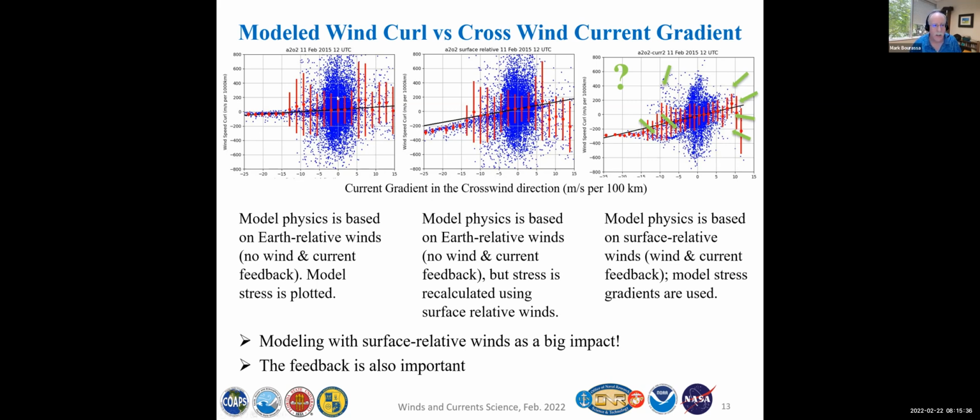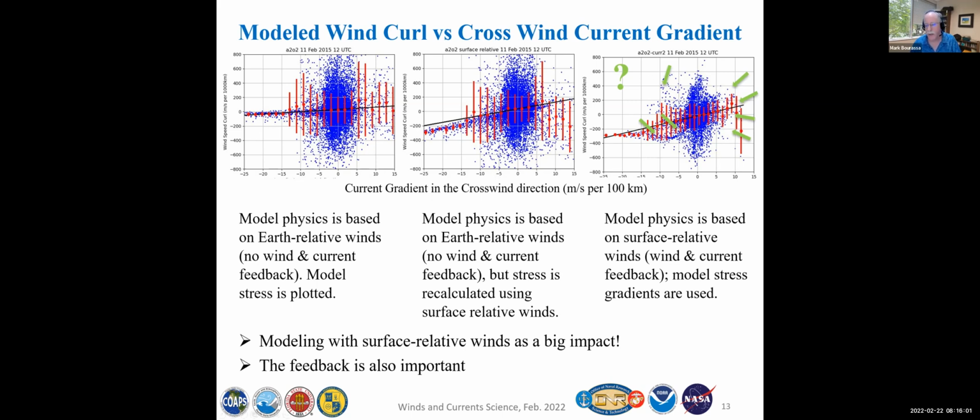And in the uncoupled model, or the undynamically coupled model, we see almost no sign of this feedback. But when we look at it with just calculations in an Earth relative system, but uncoupled, we now see a substantial feedback. So you ask, what's different in terms, sorry, this is a non-feedback system here.